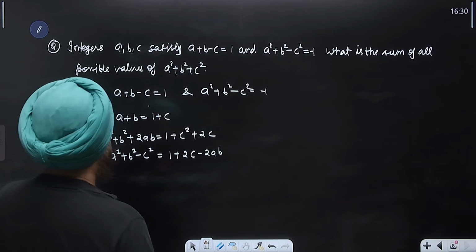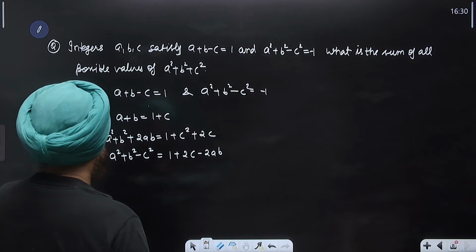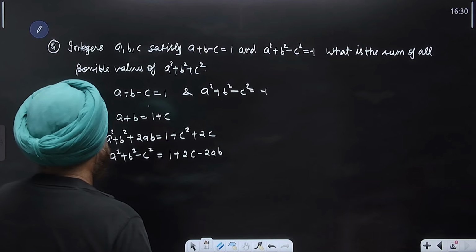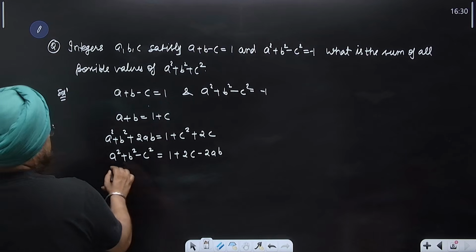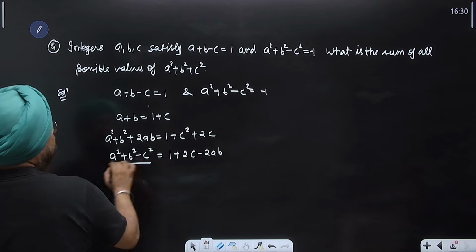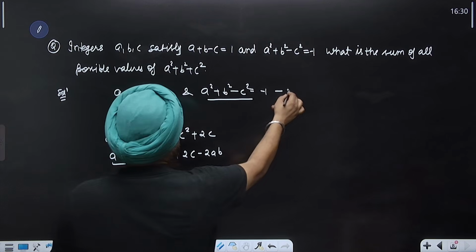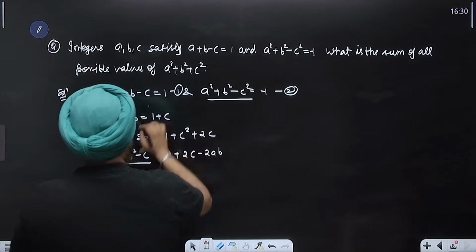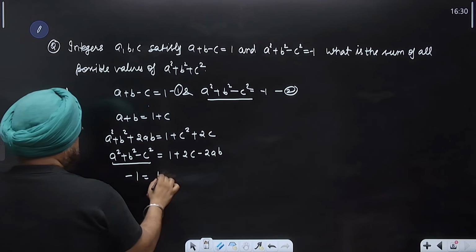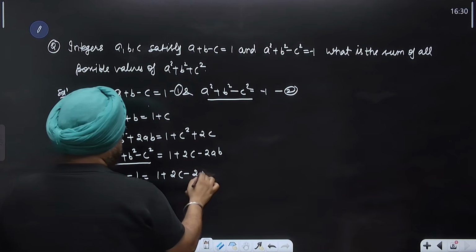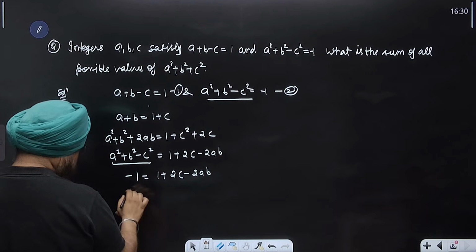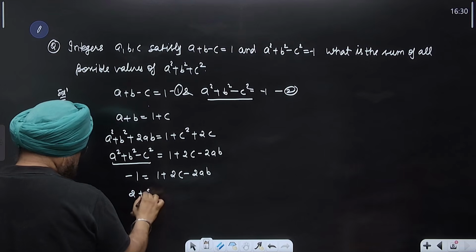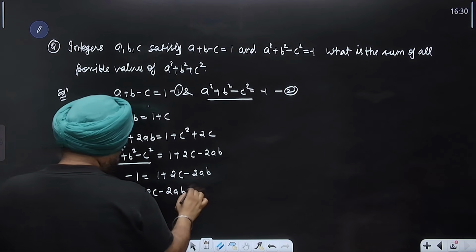Now A square plus B square minus C square is minus 1. So minus 1 is equal to 1 plus 2C minus 2AB. So the equation becomes 2 plus 2C minus 2AB.